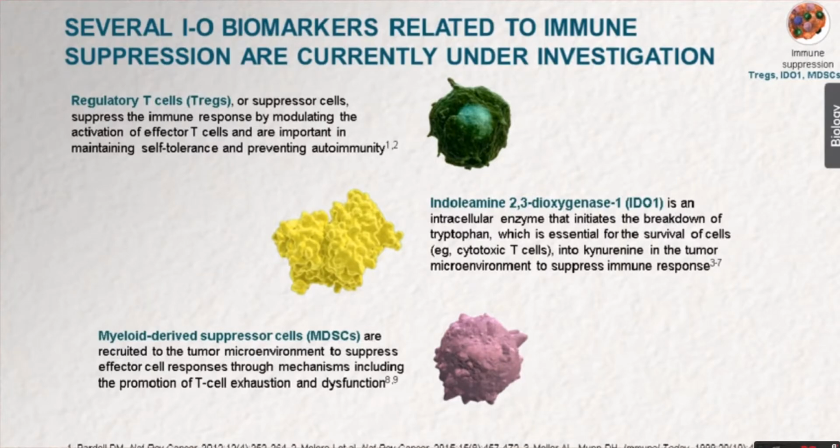Also, as discussed, IDO1 is an enzyme that can leak into the intracellular space and affects breakdown of tryptophan. Tryptophan is essential for the survival of certain key immune cells, such as cytotoxic T cells. So tumors that overexpress this will basically starve the immune cells and block their activity.